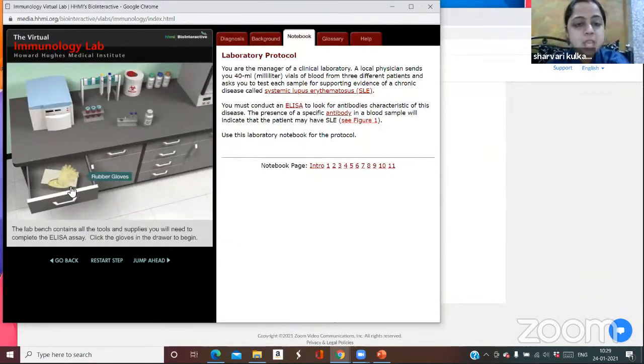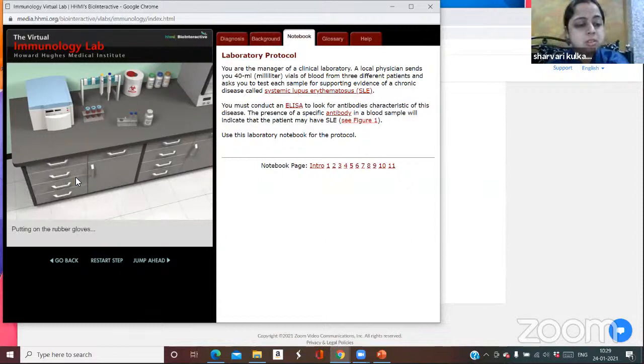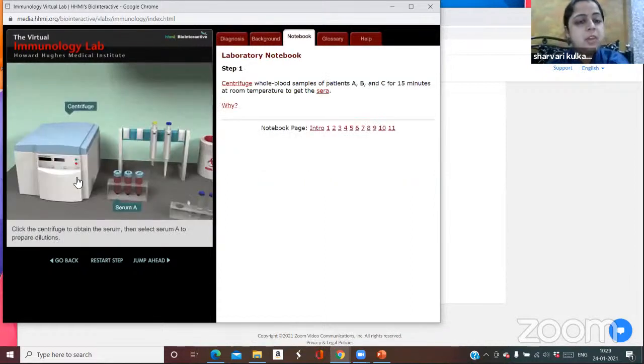Here rubber gloves are given. You have to perform this protocol, so we'll click on rubber gloves. We have put on our rubber gloves. Then it will say click the centrifuge to obtain the serum, and then select serum A to prepare dilutions. So we will click on the centrifuge.